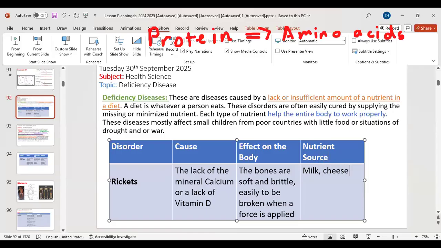What else? Cheese. Yogurt. Anyone like Parmesan? On the Olive Garden salad. Okay. Butter. Liver also has calcium.